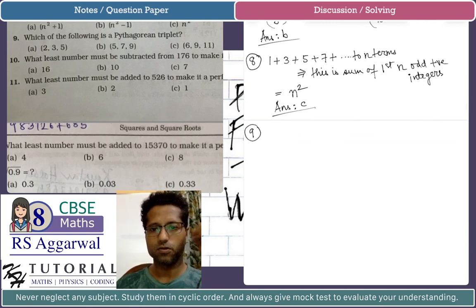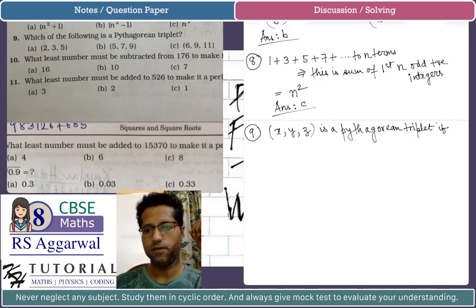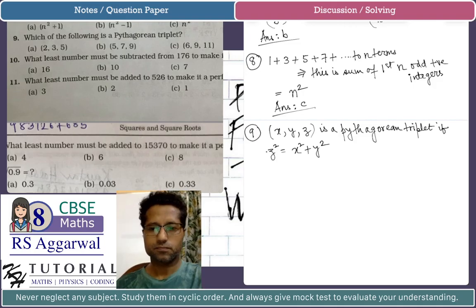We know the concept: x, y, z is a Pythagorean triplet if we have z square equal to x square plus y square. This is the concept of Pythagorean triplet. So now we have to check all the options to see which satisfies this property.